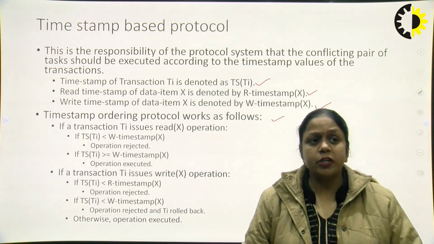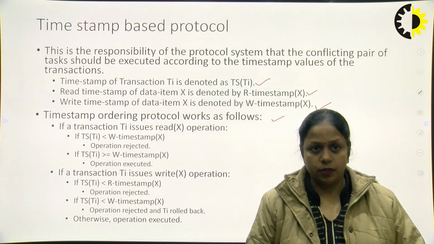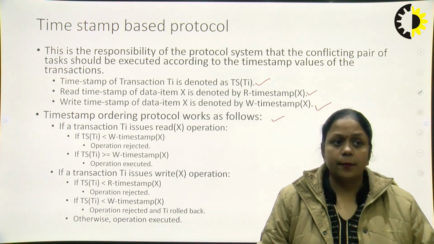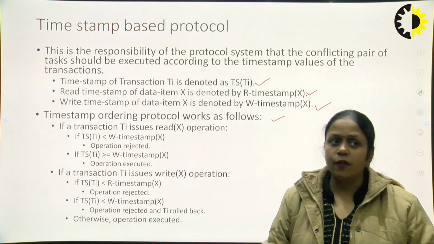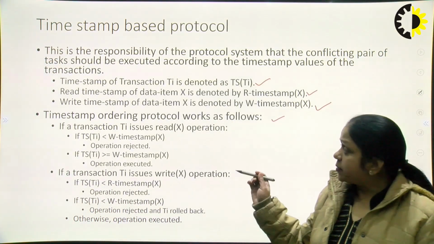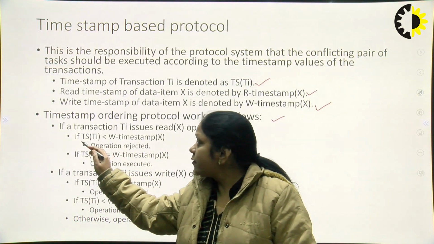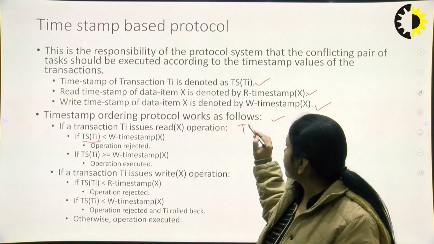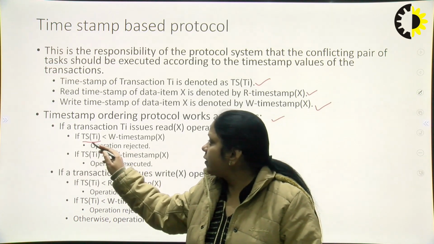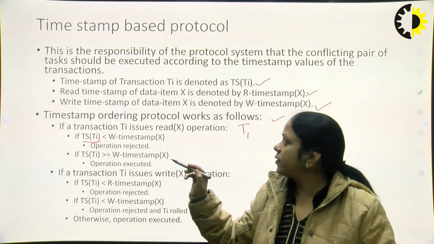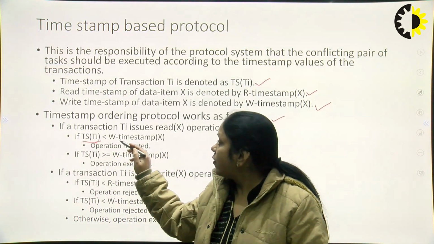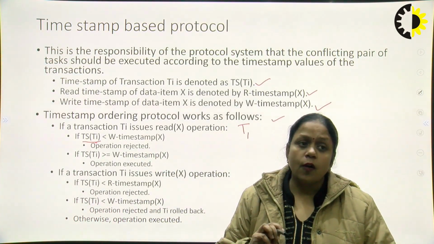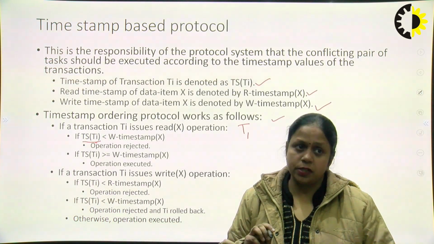If a transaction Ti issues a read operation, for example transaction T1 issues a read operation, then we check its timestamp value. If the timestamp value of T1 is less than the write timestamp value of X, then the operation will be rejected.